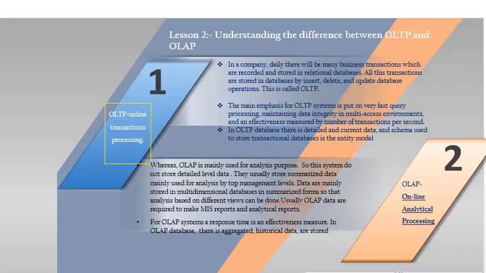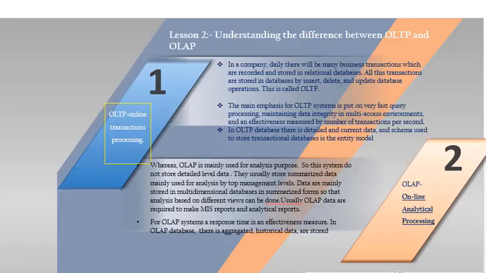Now let's discuss the difference between OLTP and OLAP. OLTP means online transaction processing. As the name suggests, it is mainly related to transactional data. In a company, daily there are many business transactions, which are recorded and stored in relational databases. All these transactions are stored in databases by insert, delete, and update database operations.